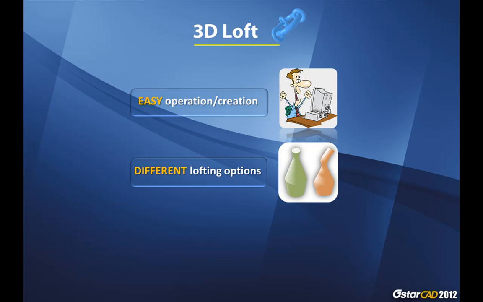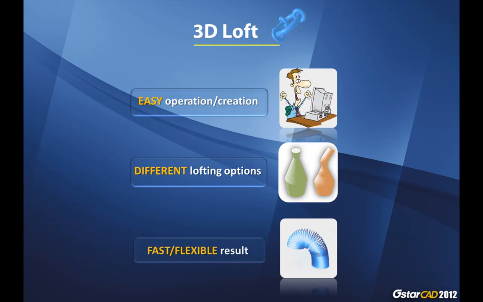You get fast and flexible results. It's fast to do, fast result, and flexible. It's not rigid. You can apply it in many 3D modelings or surfaces. So 3D Loft is new in GstarCAD 2012 and is very powerful.